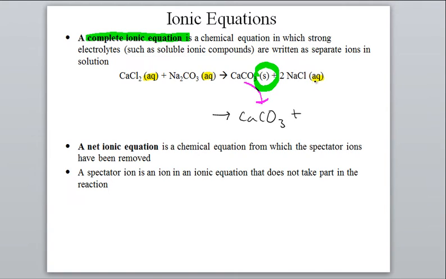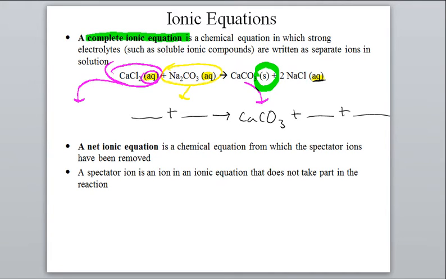Okay, the sodium chloride that's (aq), we're going to write those ions separately. So there'd be one for the cation and one for the anion. The sodium carbonate is (aq), so we're going to write the formula for the cation and the formula for the anion. And the calcium chloride, like we saw on the previous page, is (aq).